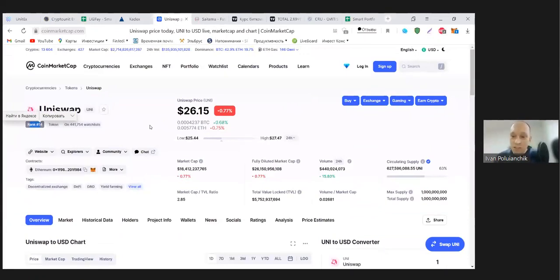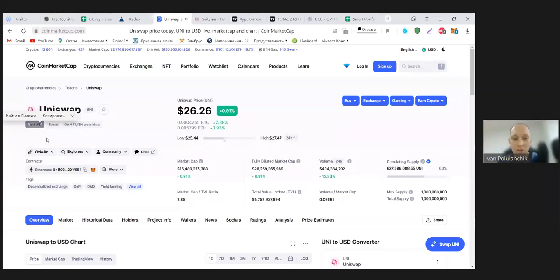And if you are someone who knew nothing about it before, but you have a smart portfolio, do we have such people in the chat who knew nothing about this coin but have the smart portfolio? Give me a plus in the chat. Put a plus if we have such people.